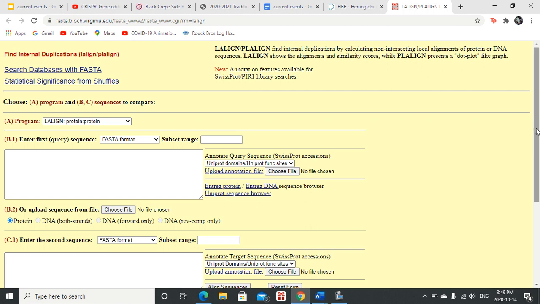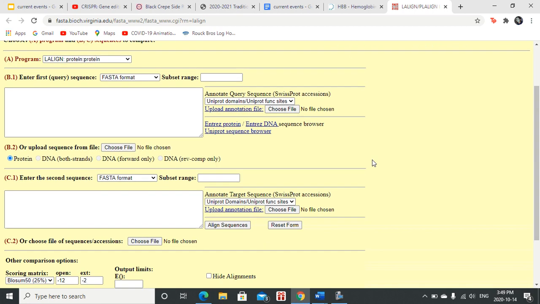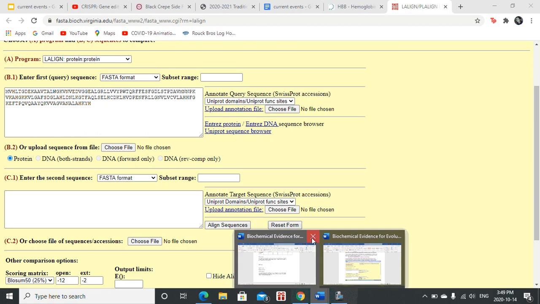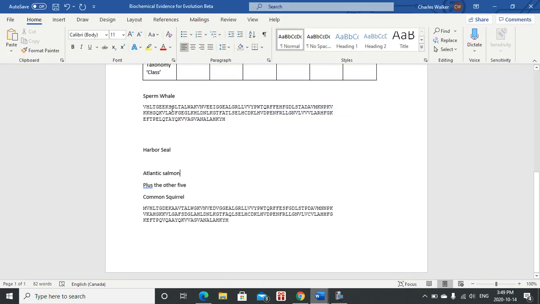So what you have here are 2 windows, and you just put in those 2 windows the 2 sequences that you want to compare. So I still have saved the squirrel. This is the squirrel. Now I'm just going to go back and get the sperm whale. Okay, make sure you don't miss any.